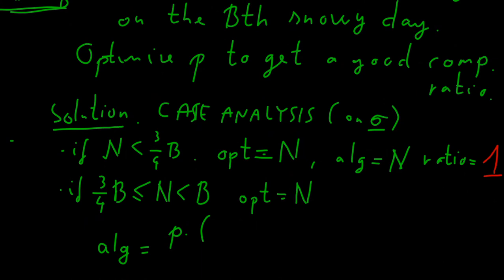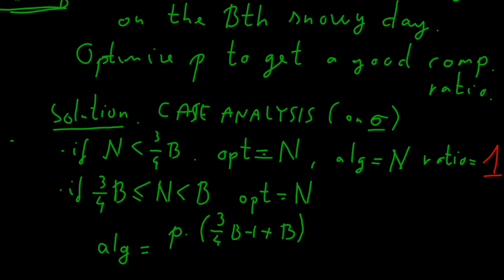Now that algorithm will just spend 3 over 4 b minus 1 days to rent, and then it will buy the skis prematurely in this case, but yeah.